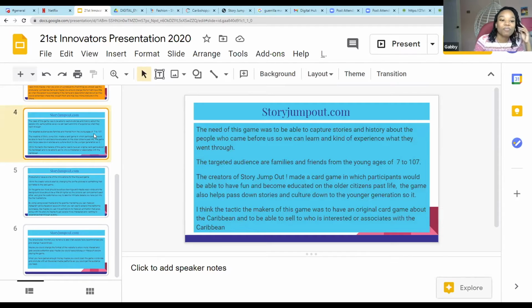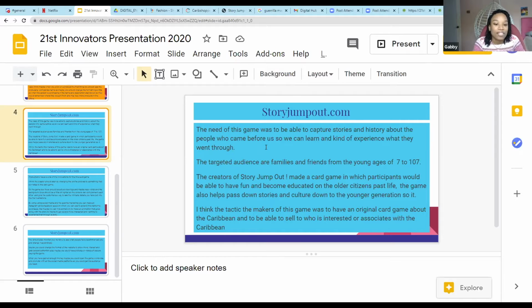So for Story Jump Out, I think the need of the game was to be able to capture stories and the history about people who came before us, so we can learn and have a fun experience with it.